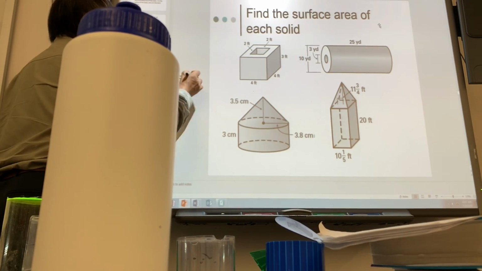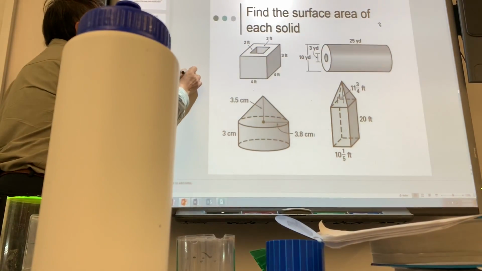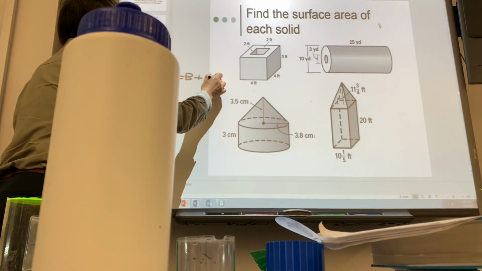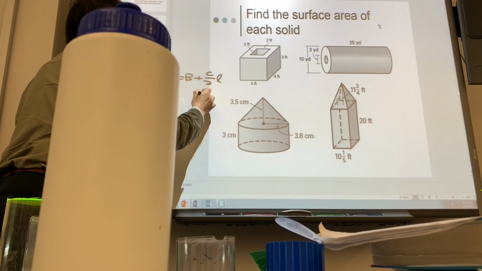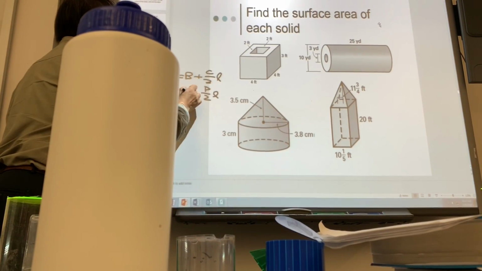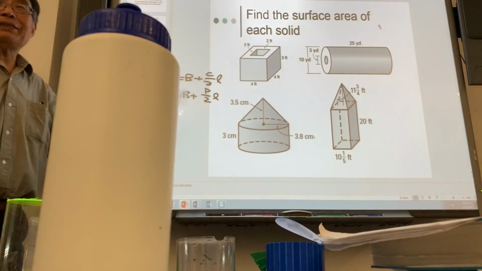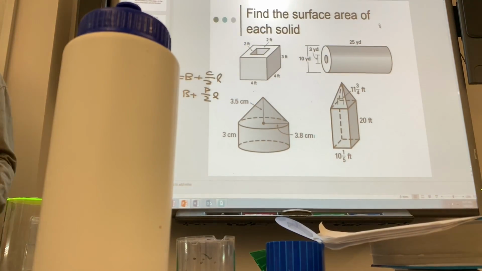The surface area for those two is 1 base area plus half C L or half P L. I just hope you remember the basics. From the basics, you get your particular cases.